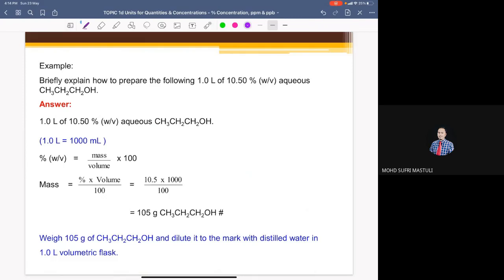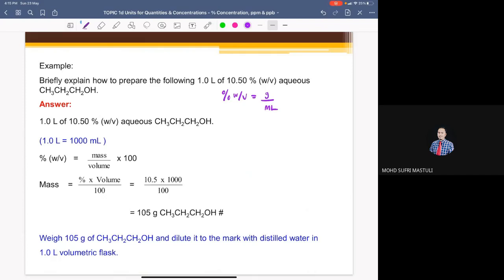How to prepare means that we have to calculate the gram in 1 liter. Percentage weight per volume is the gram per milliliter.